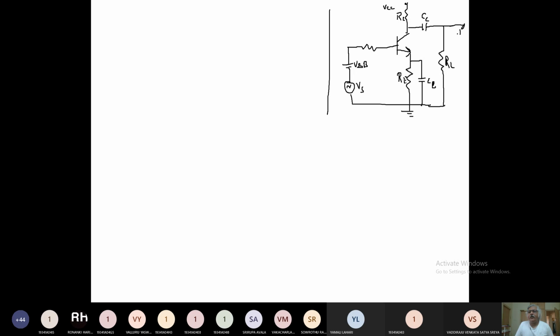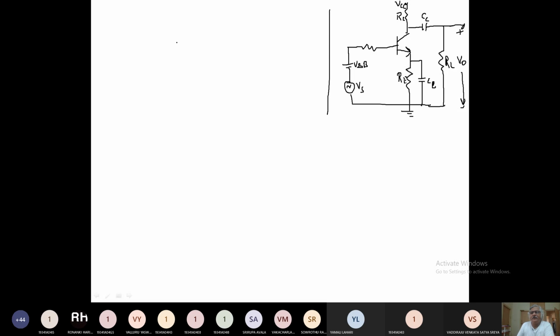Here we have the output, V out. Right. So now, if we are doing the DC analysis at the low frequency, sorry, AC analysis at the low frequency, then first thing, we will make the capacitors short circuit, right?